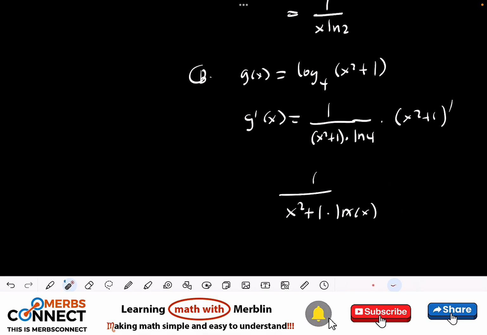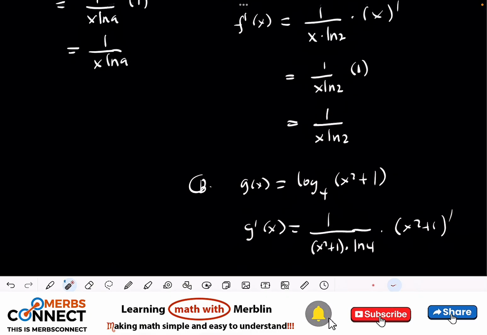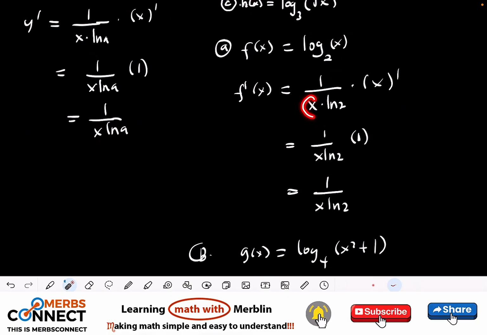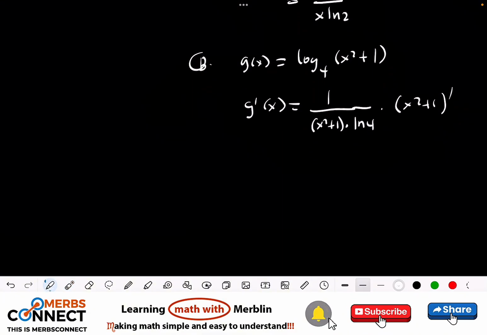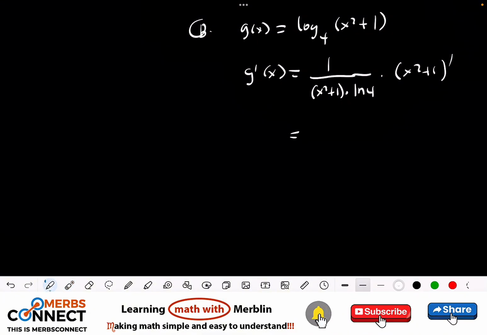That is not the right thing. So make sure that always you put your function in parentheses when it is 2 of them. This one I didn't bother myself to put the x into parentheses because it's just one function, right? So make sure you don't make that mistake. So I put this one in parentheses, ln 4.